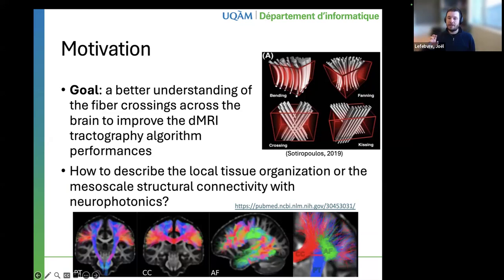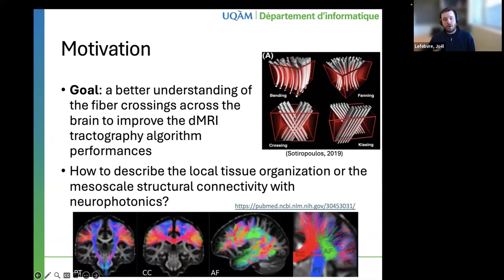Today I will first introduce what neurophotonics is, and I will focus on whole brain imaging of fiber orientation and structural connectivity. I won't cover everything; I will mainly focus on the main techniques as a quick introduction. Then I will explain the specific microscope we use in my lab, serial OCT, serial optical coherence tomography.